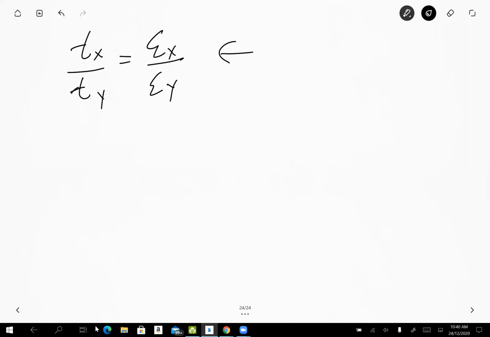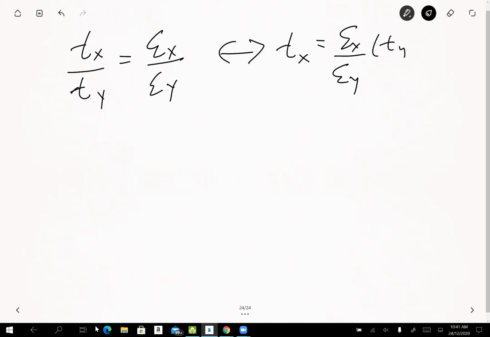Or, how you can intuitively get a better relationship, kita buat macam ni. Tx is equal to the elasticities ratio multiplied by Ty. That one you can relate the tax rate across goods.